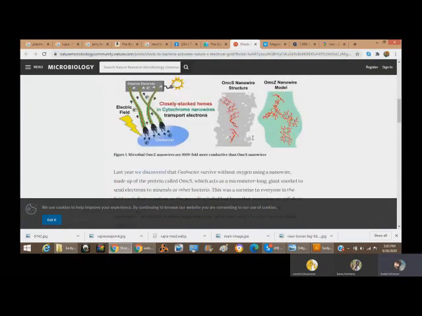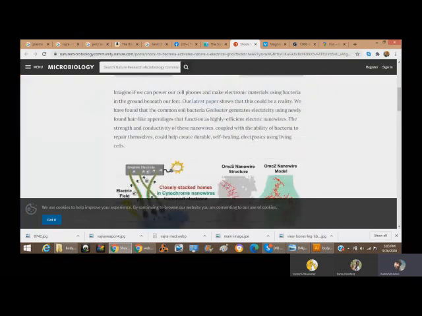Check it out. Imagine if we can power our cell phones and make electronic materials using bacteria in the ground beneath our feet. Our latest paper shows that this could be a reality. We have found that the common soil bacteria, Vajra, generates electricity using newly found hair-like appendages that function as highly efficient electric nanowires.